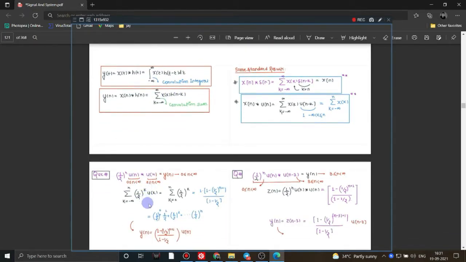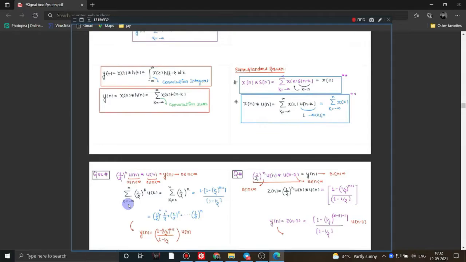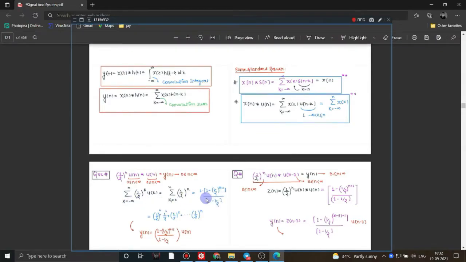Due to this u[k], the limits change to 0 to n, and now we get (1 minus a^(n+1)) upon (1 minus 1/2).